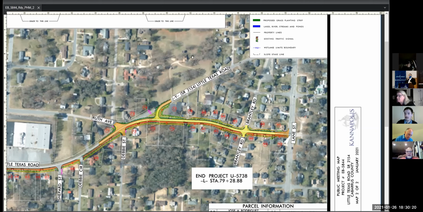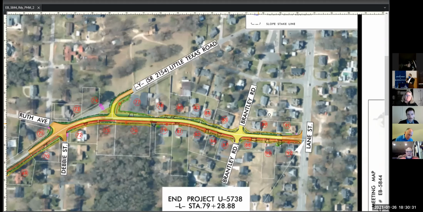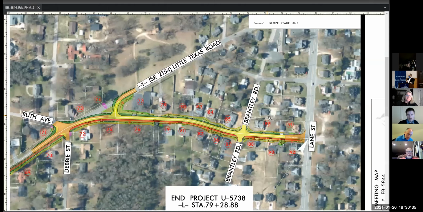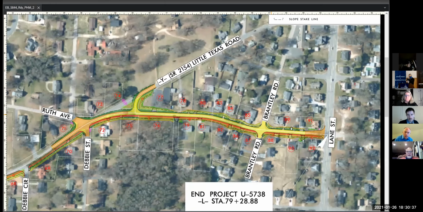What I wanted to know was, I heard when you were talking about coming down Little Texas Road from Lane Street, that you're talking about on the left side of the road. Is that where we're talking about doing sidewalks because the road is so narrow you can't do both sides? I don't want you to go over everything. Maybe I can get some information later on.